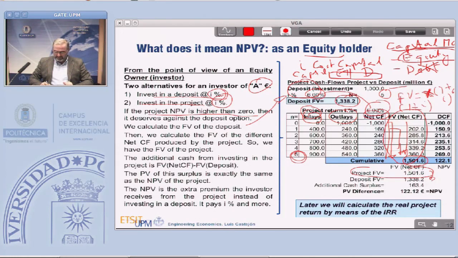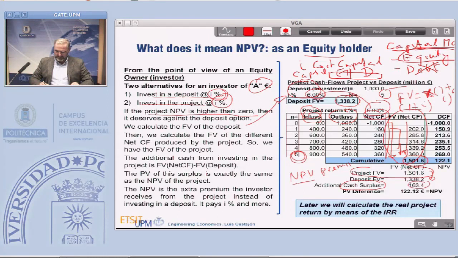So as we have explained, the net present value is like a premium. Let's talk about that cash surplus. The cash surplus we get from the project is the subtraction of the project minus the deposit future values.